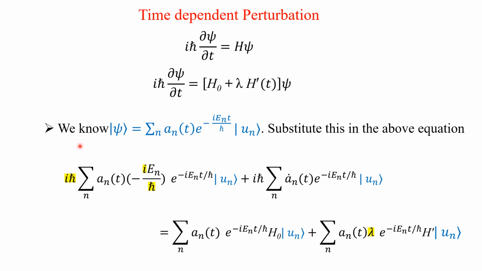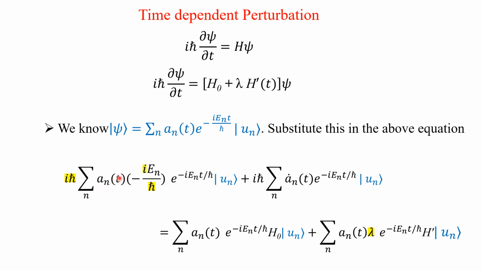Just now we have seen that psi can be written on the psi n basis as summation over n a_n of t e power minus i E_n t over h cross ket u_n. Substitute this in the above equation. Now you take the left hand side. So i h cross I have taken outside this summation because it's a constant.